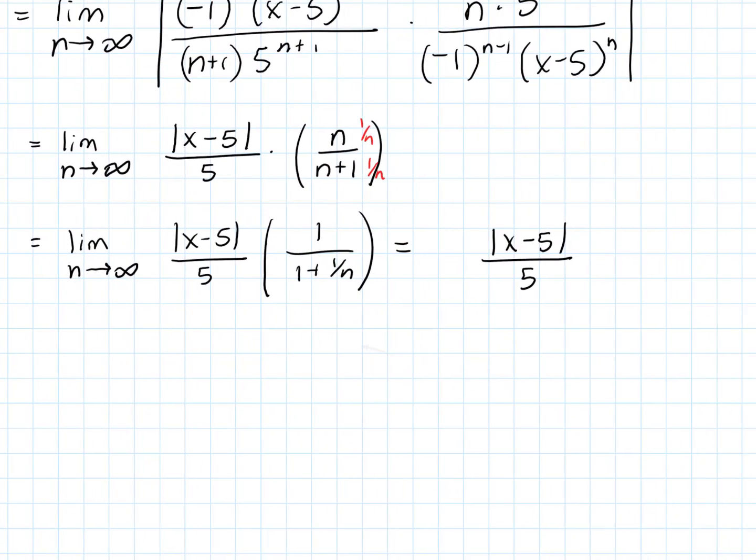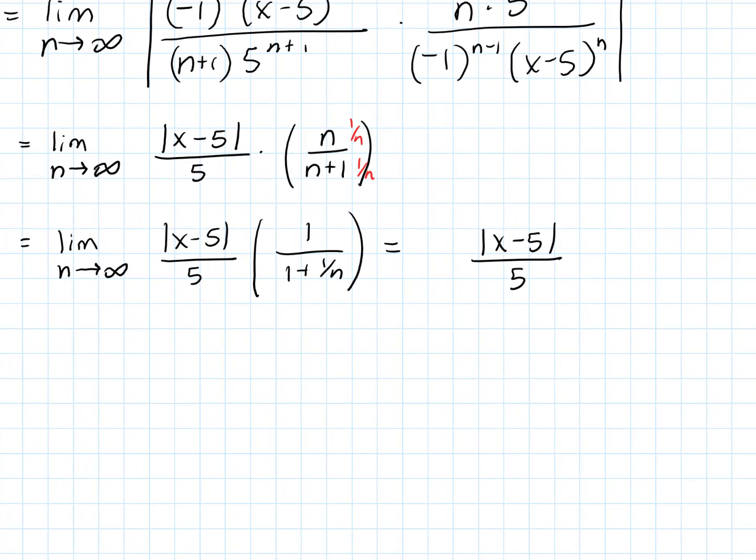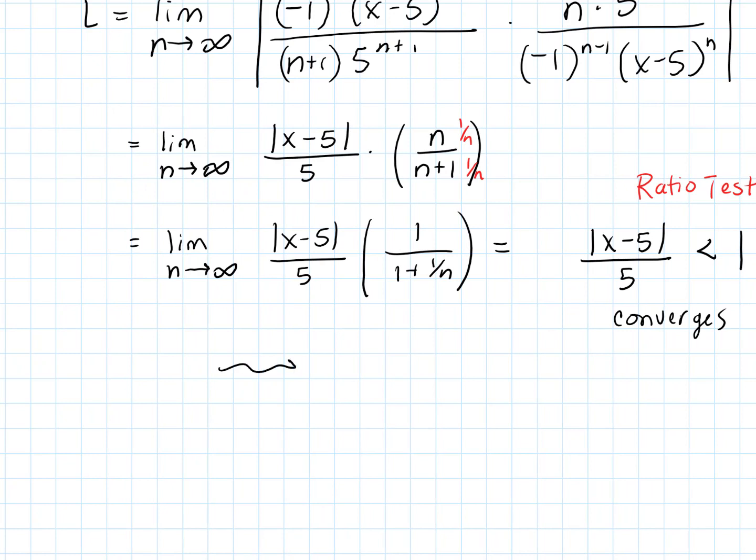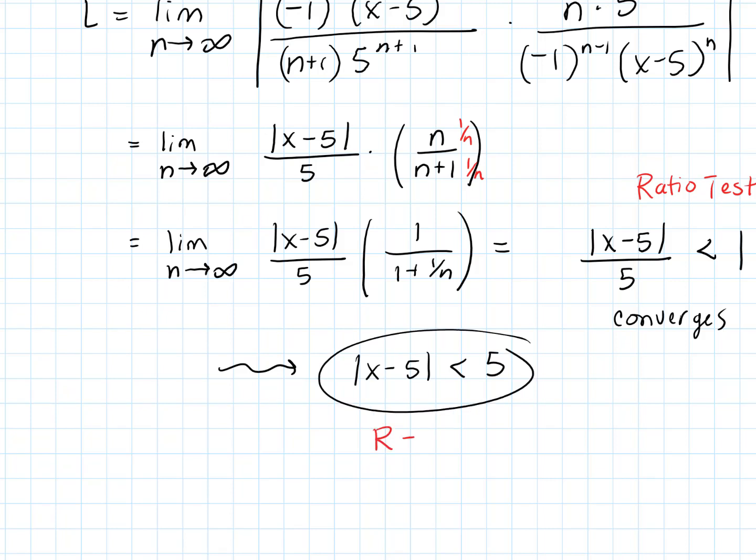And we know that this will converge by the ratio test. The ratio test says that when this limit is less than 1, we will have convergence. So what that means is that the absolute value of x minus 5 has to be less than 5. And that tells me that my radius of convergence is equal to 5.